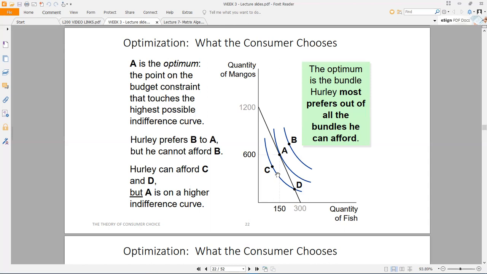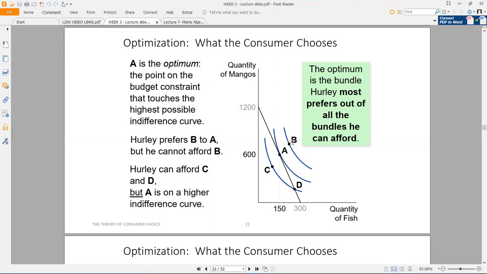Now, the individual will choose an optimal bundle where the indifference curve is tangential to the budget line, where you see that we have multiple bundles, multiple combinations of the two goods. So the person will go for the point where the budget line touches the highest possible indifference curve. You prefer B, but you can see B is not affordable.